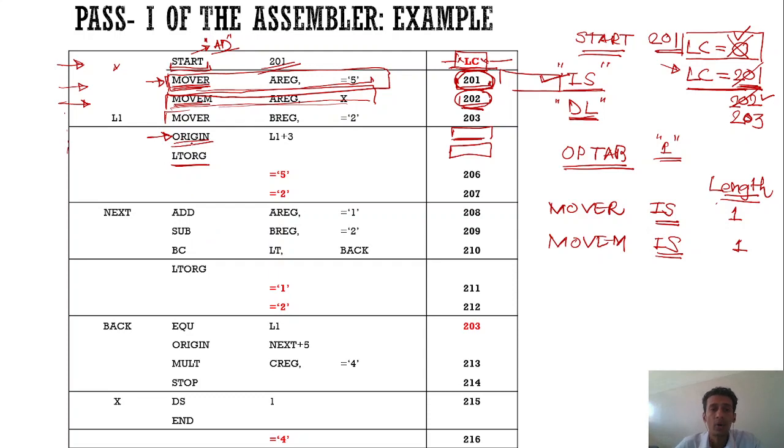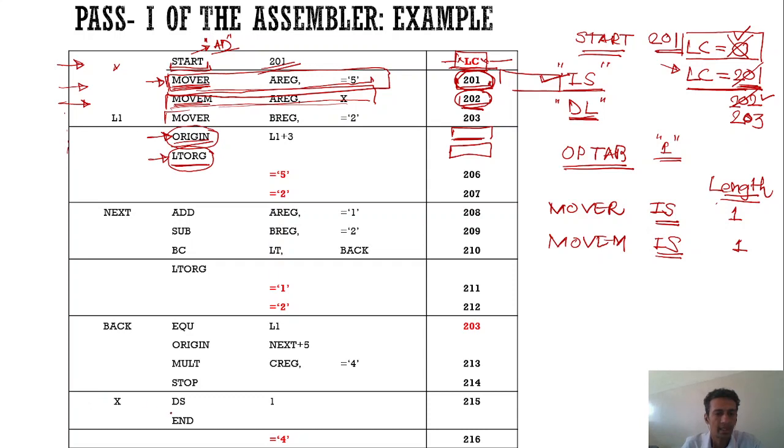But for the assembler directives like ORIGIN or LTORG, we have not specified any location here. It means we are not going to load any of the assembler directives in the intermediate code or in the memory. Why? Because the assembler directive's task is just to instruct the assembler to do something. So this is how the location counter processing is done.